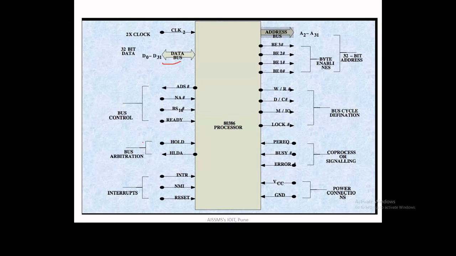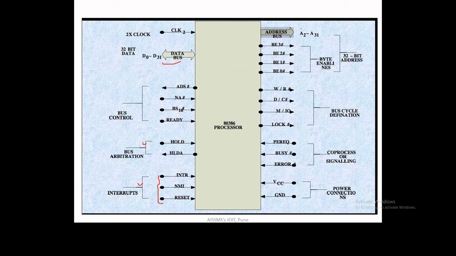Then there is the bus arbitration group, in which the HOLD and HLDA pins are used. We'll see this one by one. Then there are interrupt groups. For the external interrupts, these pins are used: INTR, NMI, and the reset pin. Reset is also one of the interrupts.